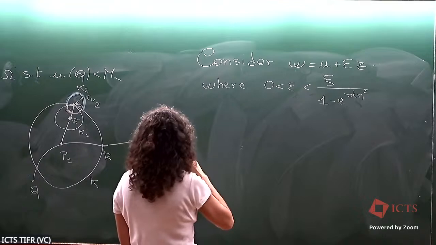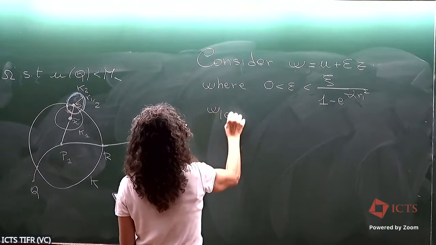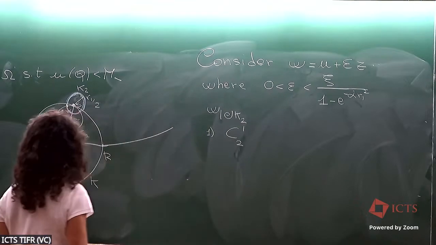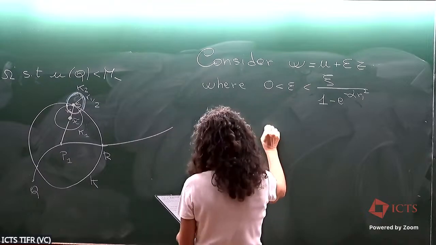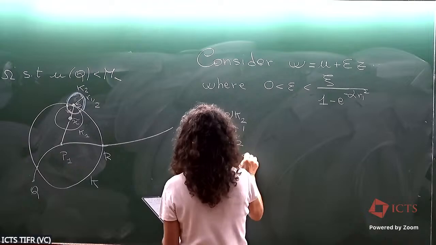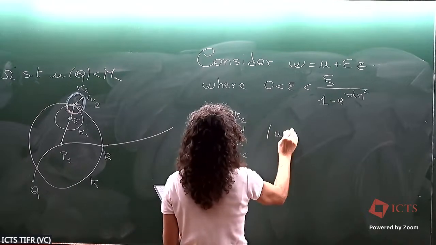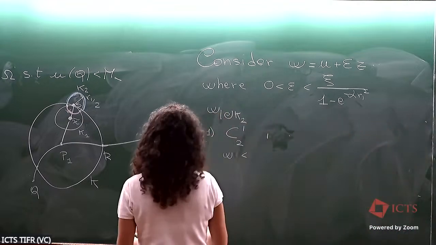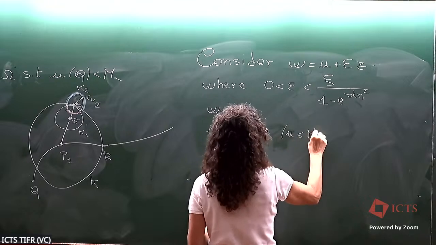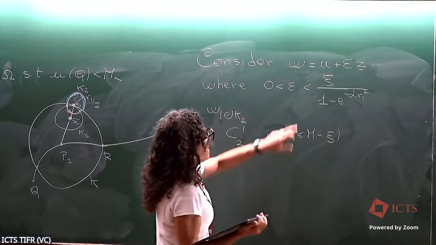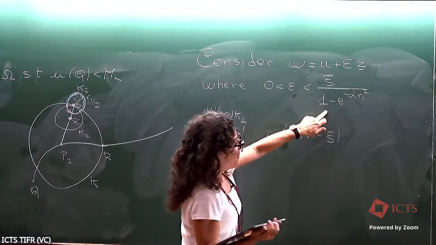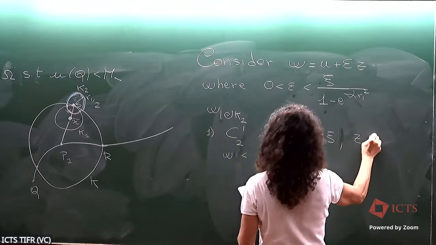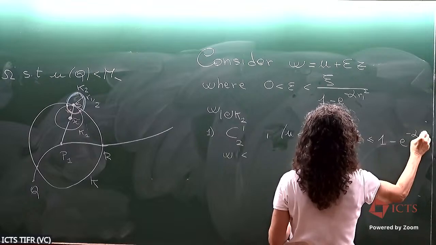So let's see how. First, we evaluate W on the boundary of K2. First on C2 prime, remember that U is smaller or equal than M minus C. But then epsilon is smaller than this number, and also Z is smaller or equal than 1 minus e to the power minus alpha R1 squared.